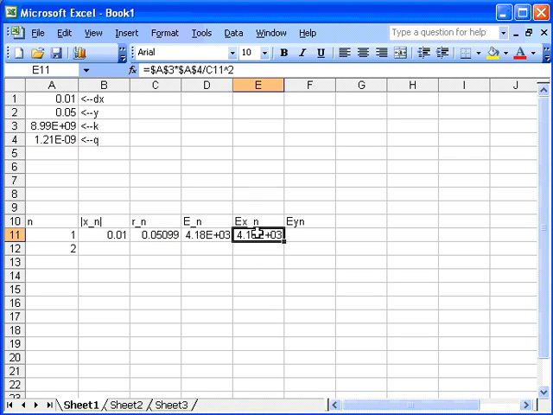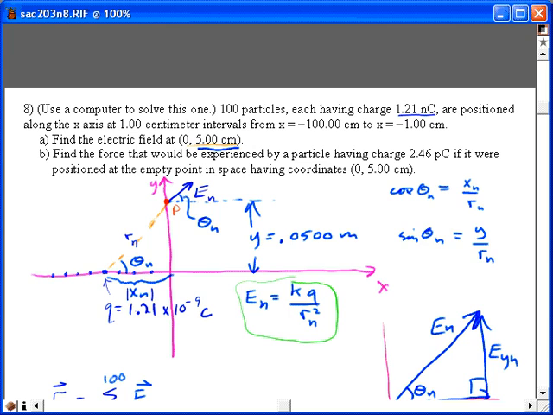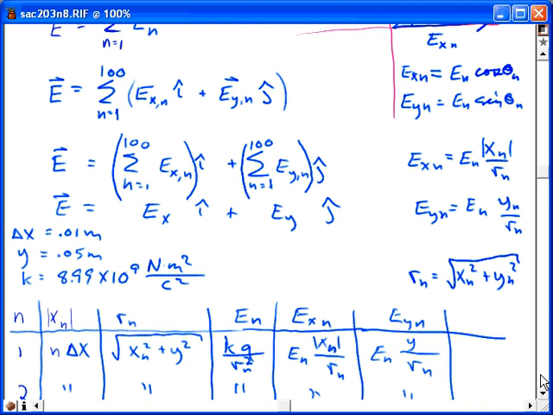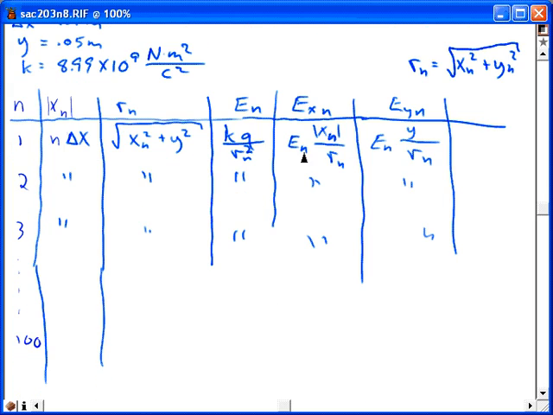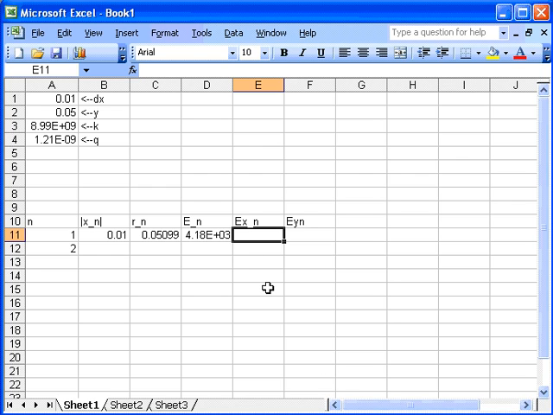Okay. This has got nonsense in there because I gotta look back here. EXN is supposed to be EN times X magnitude over R. So equals EN times X magnitude slash R.